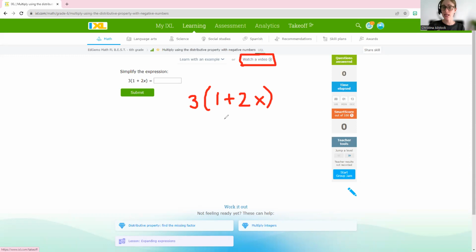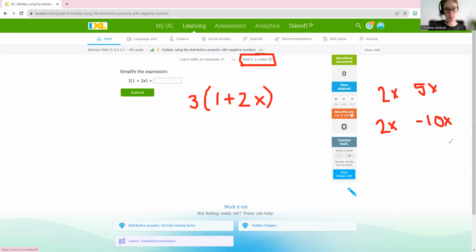When you're combining things, that means adding and subtracting, they have to be the same. They have to be like terms. So 2x and 5x would be like terms, or 2x and negative 10x would be like terms, because they both have the exact same variable. But here, the 2 has a variable, the 1 doesn't, so they're not like terms.